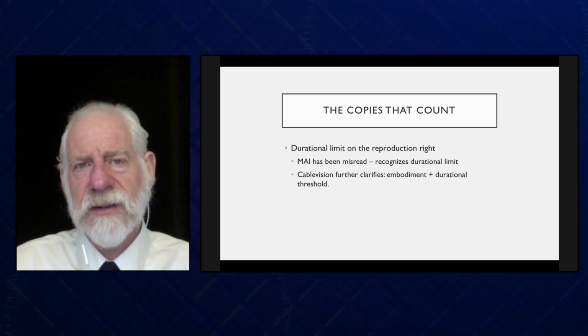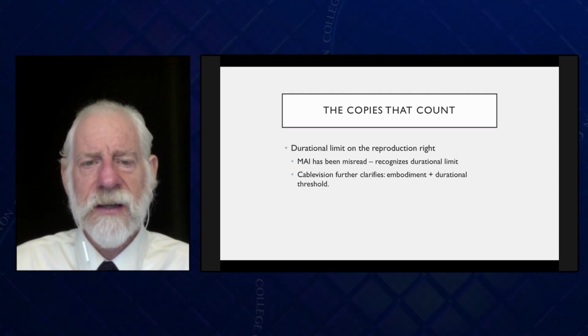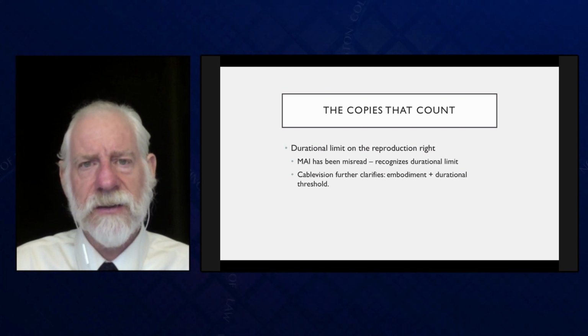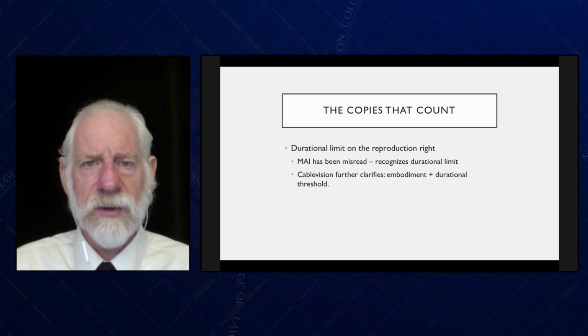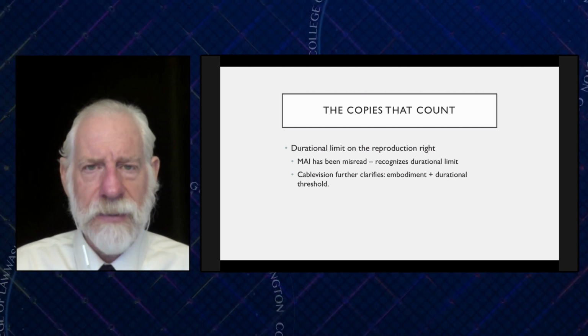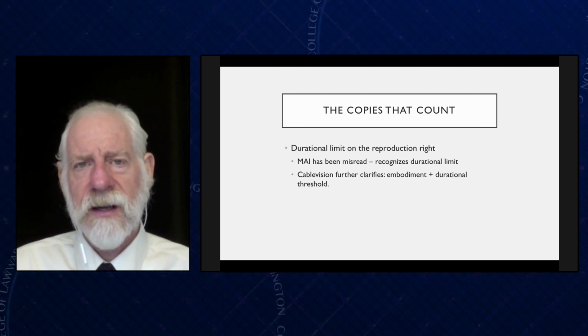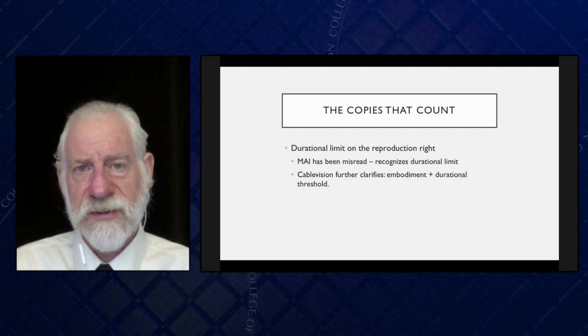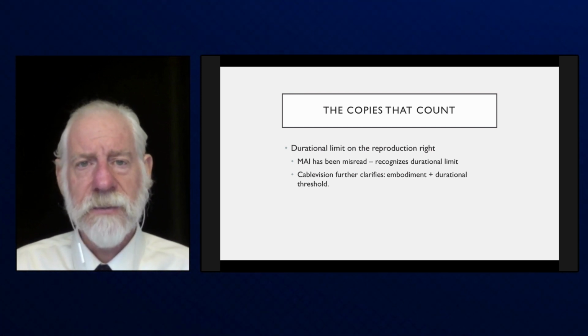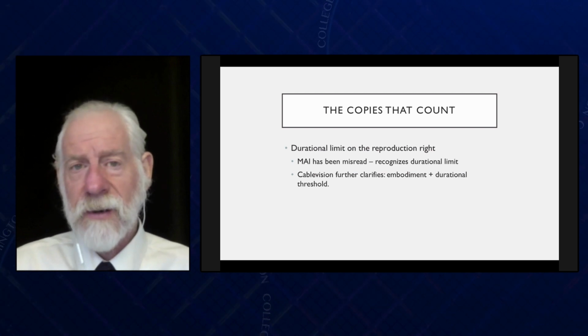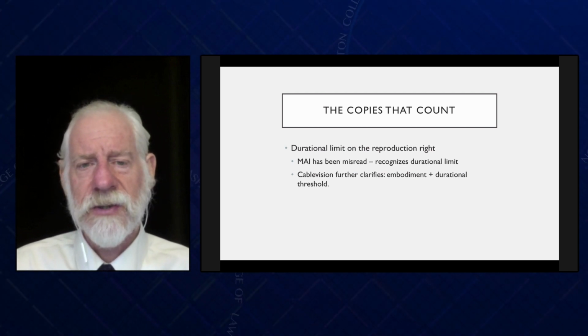And this is specific to US law because the reproduction right says the exclusive right is to reproduce the work in quote unquote copies. Copies are defined in US law as a copy that can be perceived, reproduced, or otherwise communicated for a period of more than transitory duration.